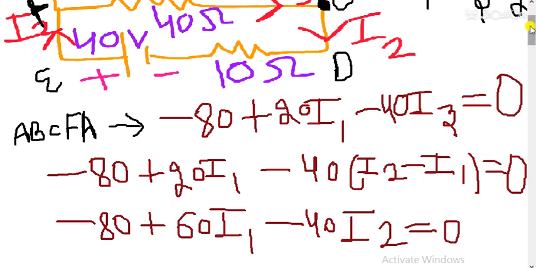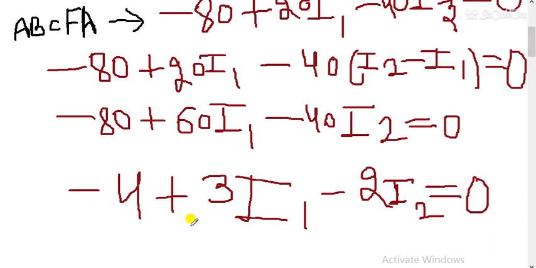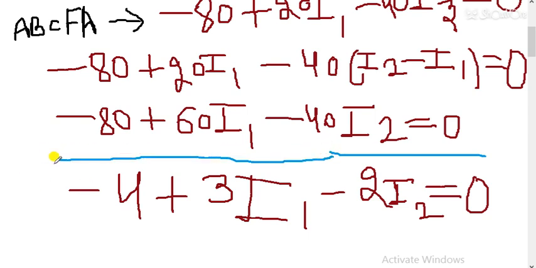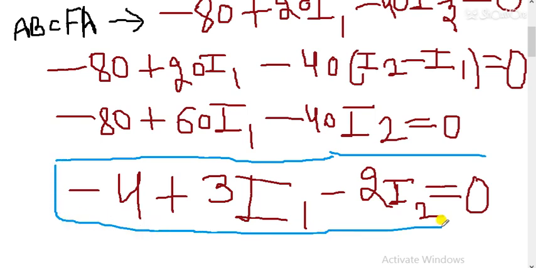After this I have taken 20 common, so minus 4 plus 3 I1 minus 2 I2 is equal to 0. So this is the equation that we have to solve. I am taking it as equation number 1. I am marking it in a box so that I can understand which equation I have to take. So this was equation number 1.